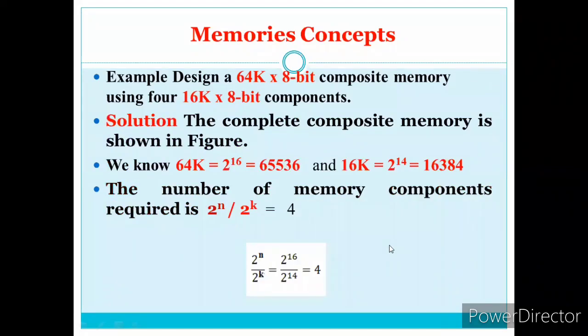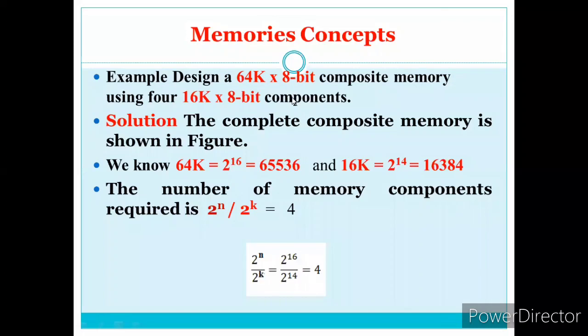Now let us see another example where the memory size is different. The example is to design a 64k memory, each location of 8 bits. But the manufacturer has given 16k cross 8 bits chips. So we design a composite memory using 4 of the 16k cross 8 bits.